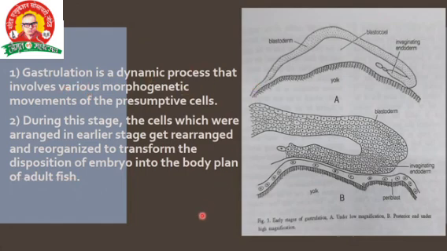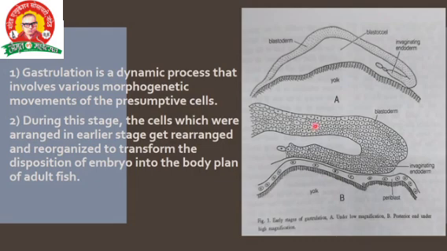Gastrulation is a dynamic process that involves various morphogenetic movements of the prospective cells. During this stage, the cells which were arranged in the earlier stage get rearranged and reorganized to transfer the position of the embryo into the body plan of the adult fish.